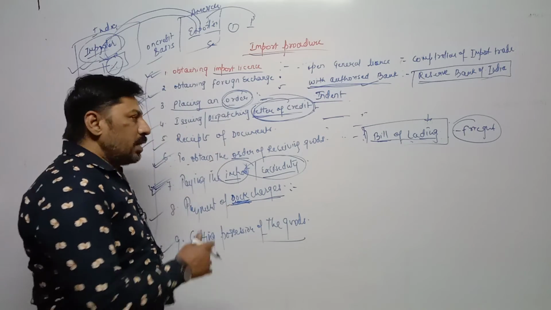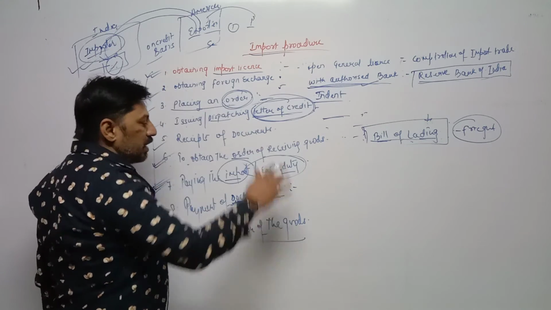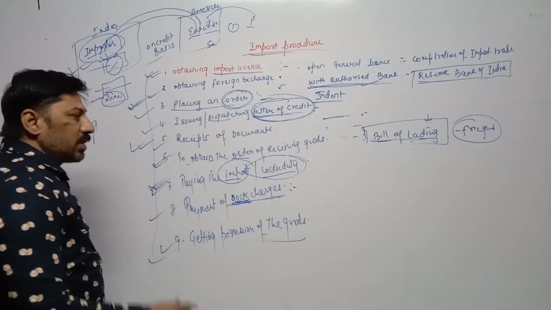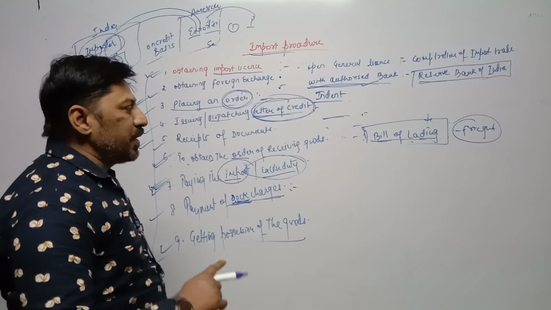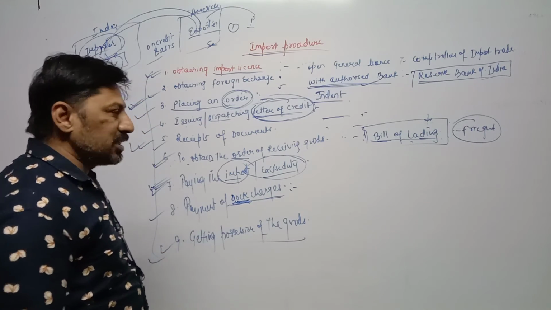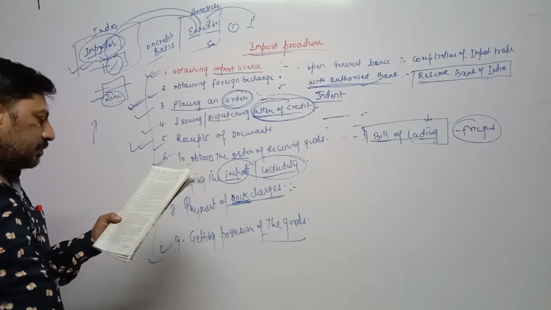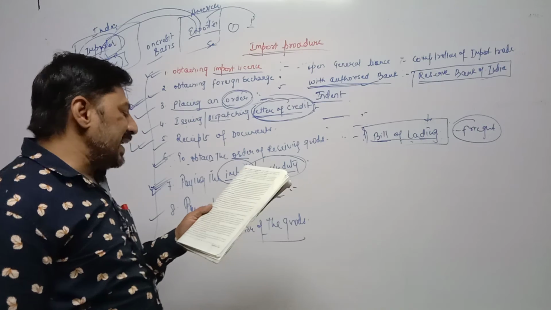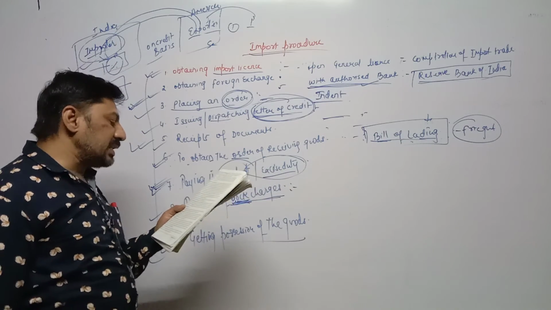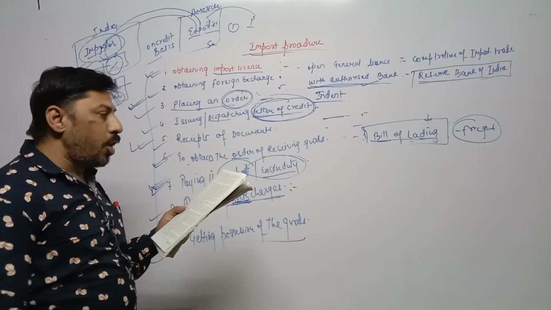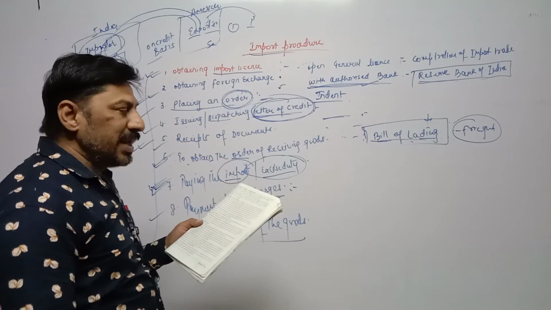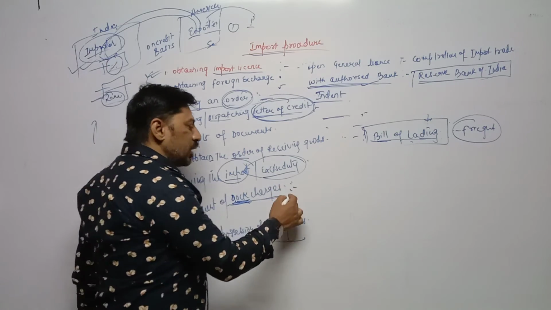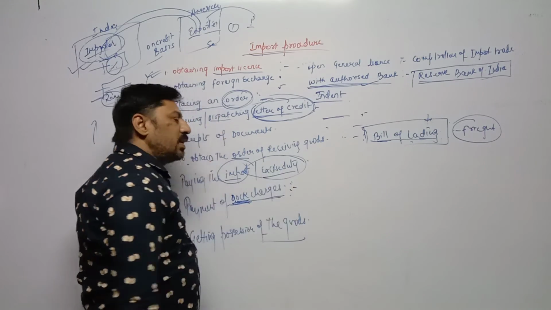So where importers keep their trucks or delivery vans, they need to pay certain charges. Dock charges include all expenses related to the equipment of that place. They take all charges for the equipment which they are keeping with them.